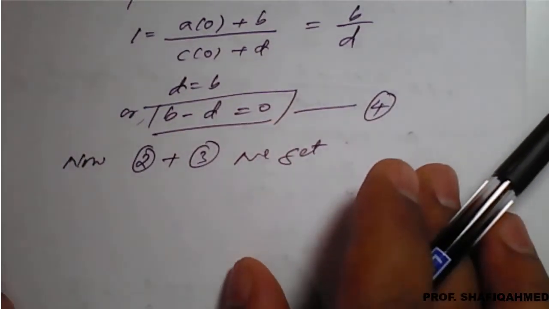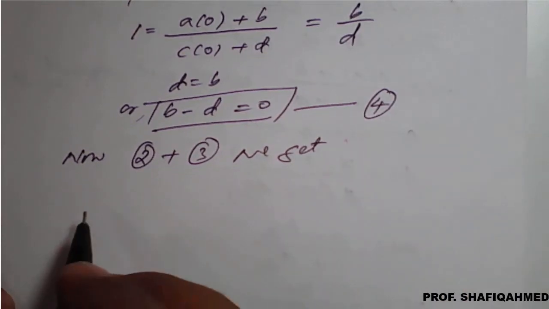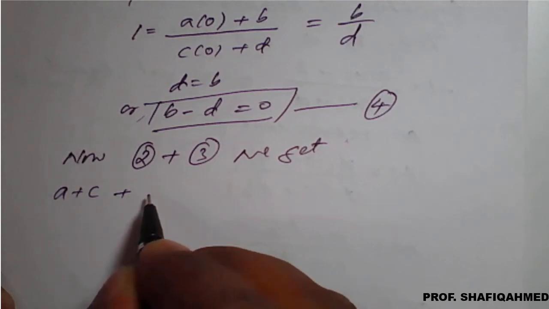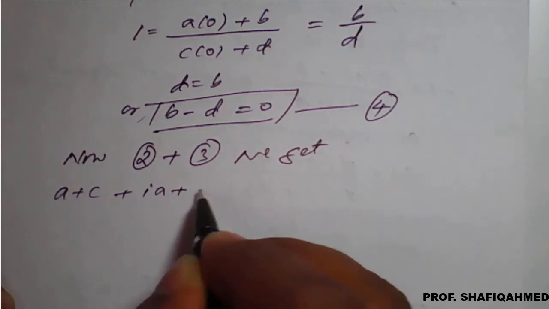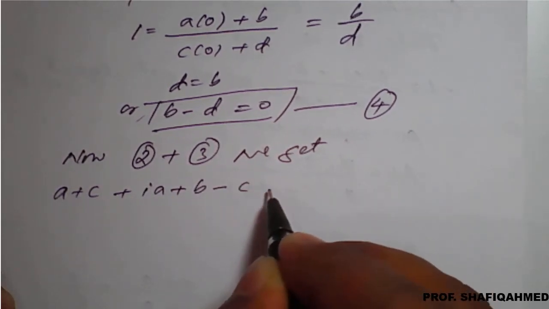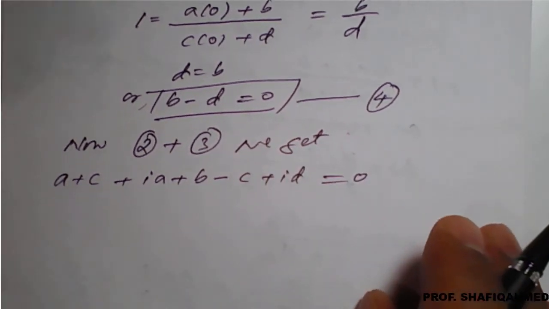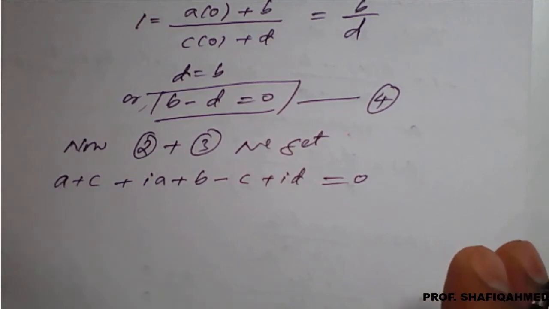So 2 is A plus C, plus 3 is iA plus B minus C plus iD, equal to 0. Left hand side added with left hand side, right hand side with right hand side.